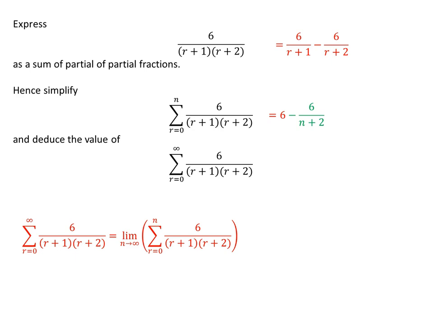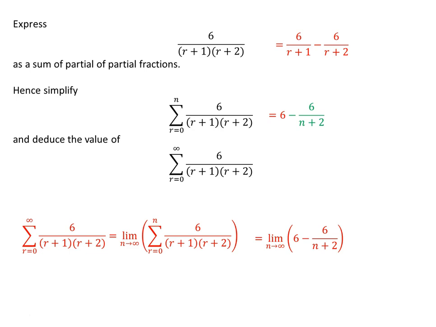We know that the sum between r equals 0 and n of 6 over (r plus 1)(r plus 2) is the same thing as 6 minus 6 over n plus 2.